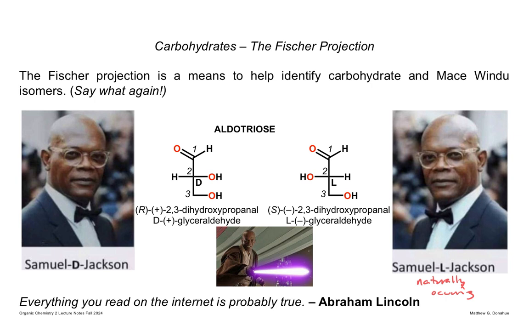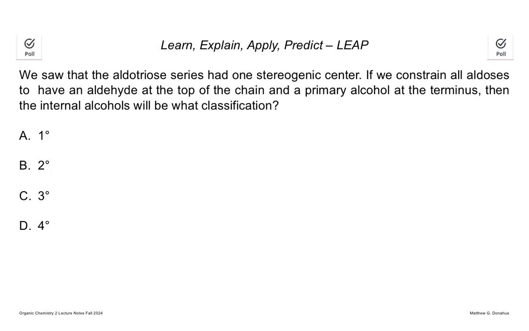So again, when we start looking at the higher order carbohydrates, the Fisher projection is pretty important for us to determine relationships. And so if we follow the logic, I guess we'll redraw this.